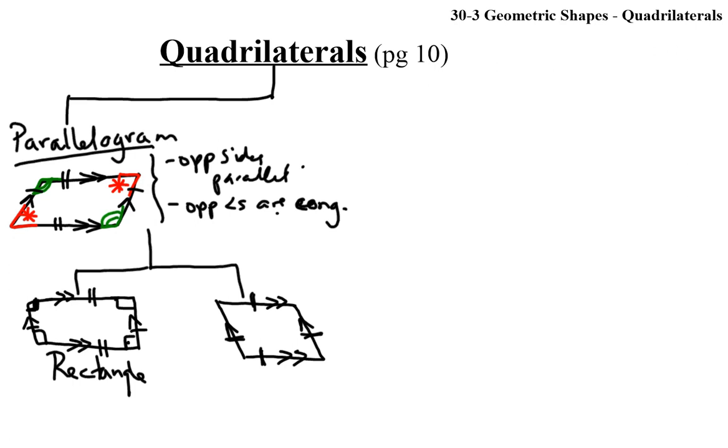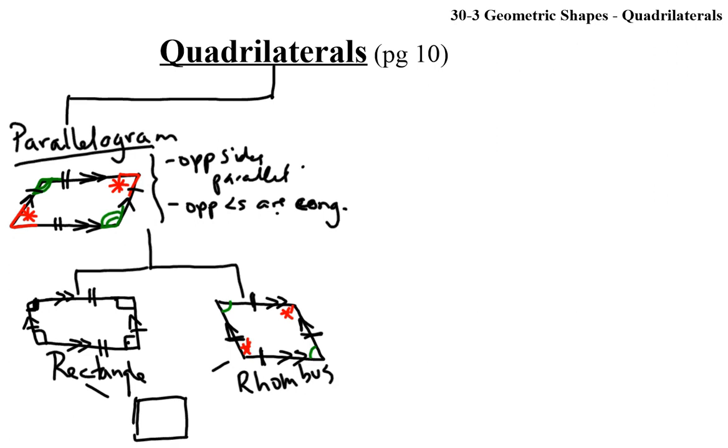Again, opposite angles are the same, always. So we have opposite sides parallel, opposite angles congruent, but when all sides are equal, we have what's called a rhombus. So those are special parallelograms. And we can now bring the idea of a rectangle and a rhombus together to a square.